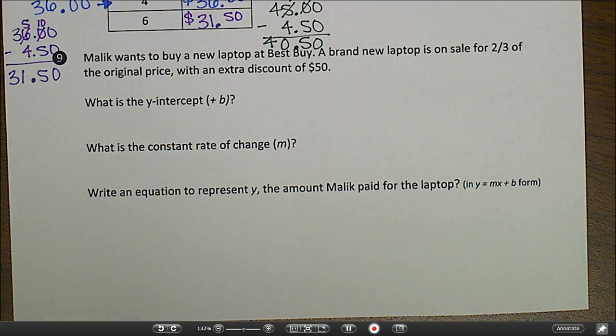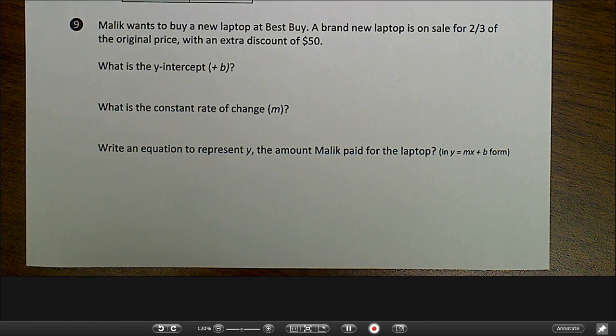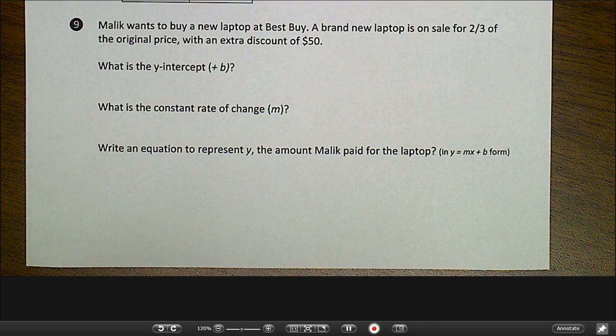So we want to kind of divide this up. This is a little bit of a different problem than what we're used to, because the problem's not asking us to look at, well, what's the sale price if the original price is this? And what's the sale price if the original price was this other thing?